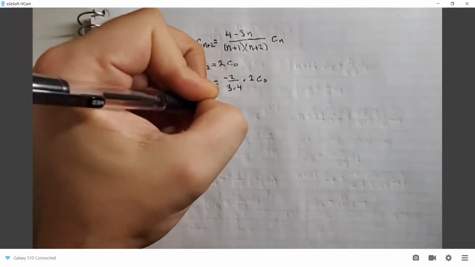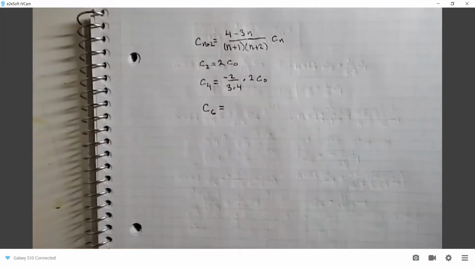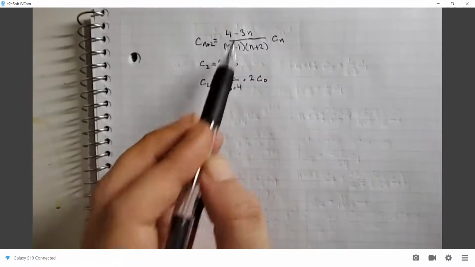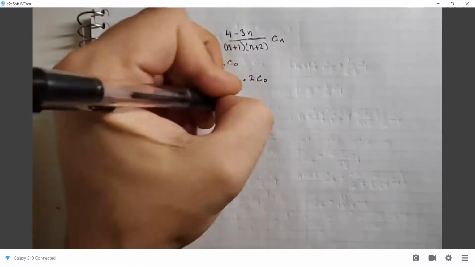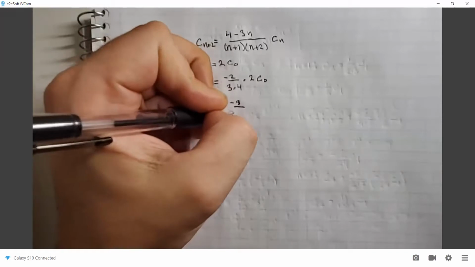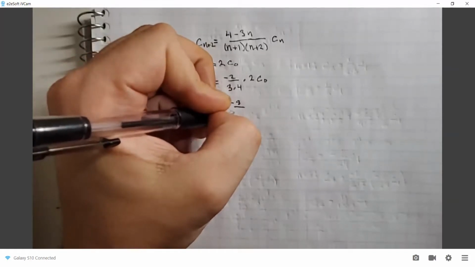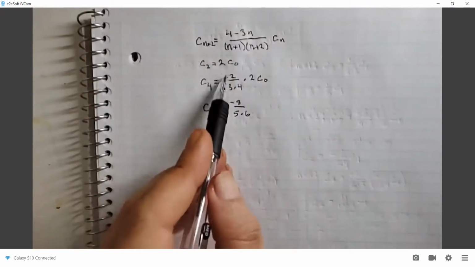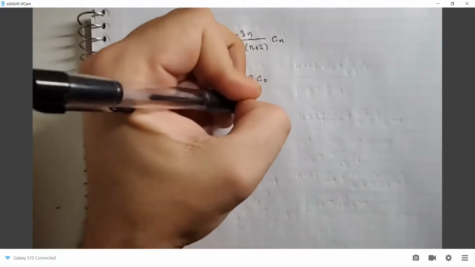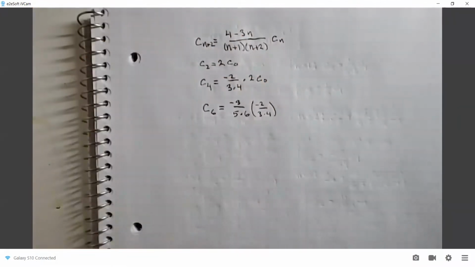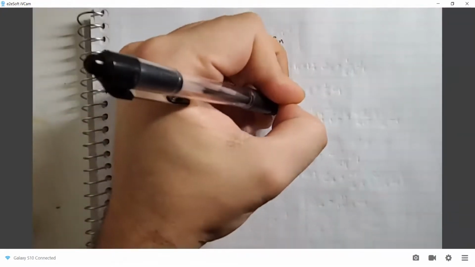C6 would be, so this would be plugging in n equals 4 into here, right? So this is negative 8 over 5 times 6, times this stuff, times negative 2 over 3 times 4, times 2C naught.